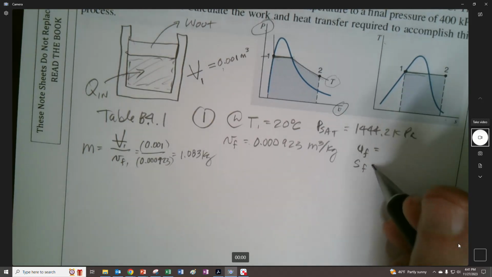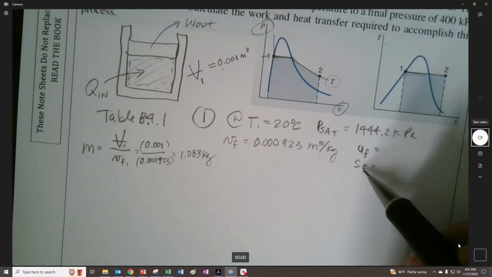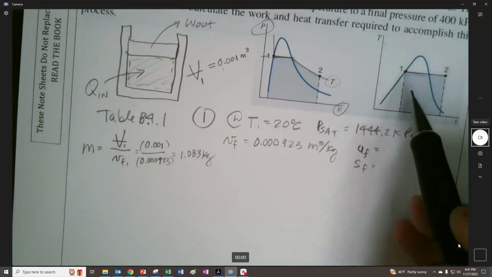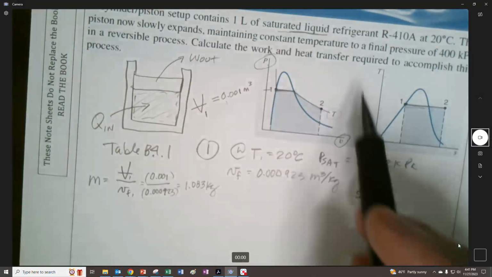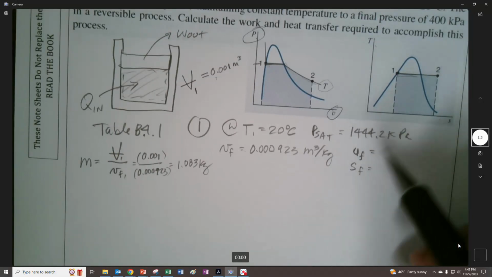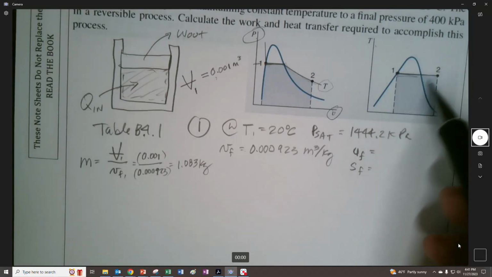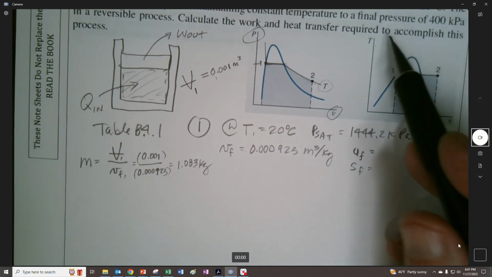We need this one to help us with the work, and we need this one to help us with the heat exchange. It's an isothermal process, and we're going to do it slowly. The slowly in the isothermal means it's assumed to be a reversible process, and therefore we're going to be able to find that the area underneath this is equal to the heat exchange on a TS diagram.